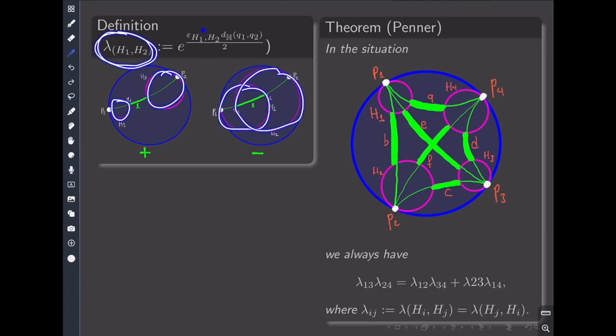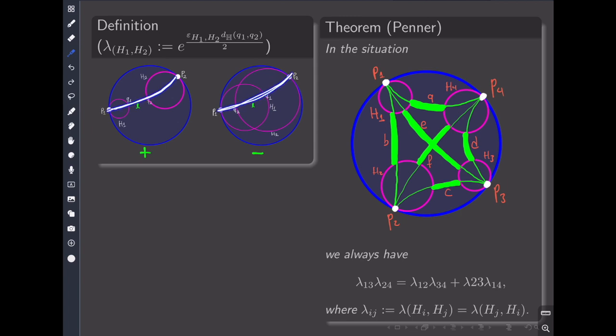Although the sign is hidden in the exponential, the result is actually positive. We also call it the lambda length of the geodesic, with respect to the two given horocycles.